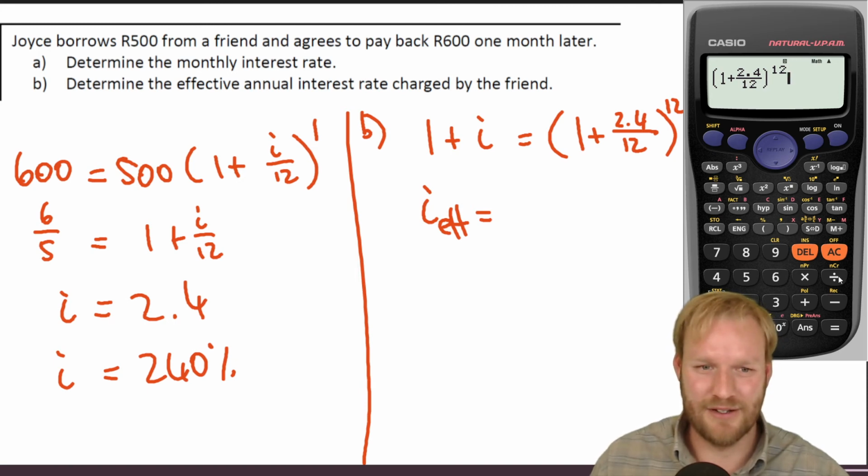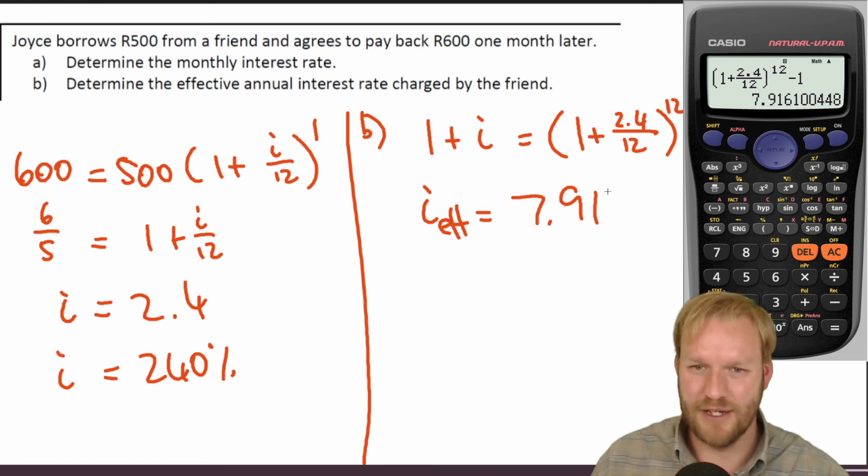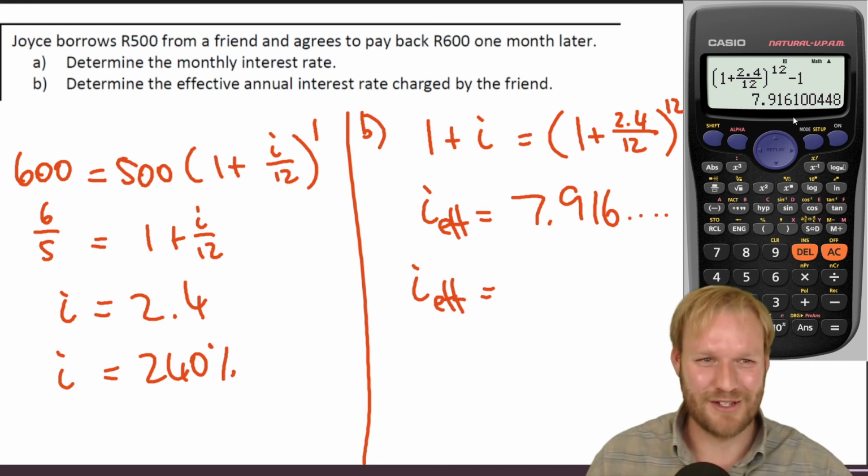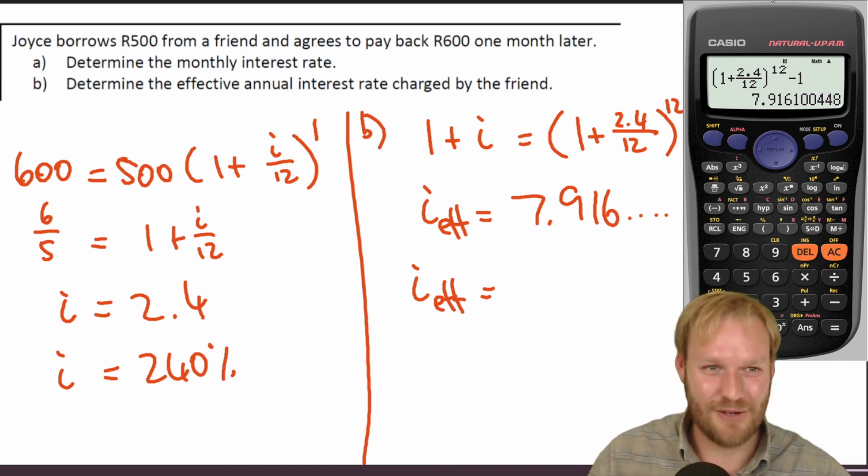And then we're going to subtract 1 at the end. So we get 7,916, blah, blah, blah. Remember, that's not a percentage yet. This is why I'm aghast at this huge thing. Joyce's friend is doing quite well here. And we're going to times that by 100.